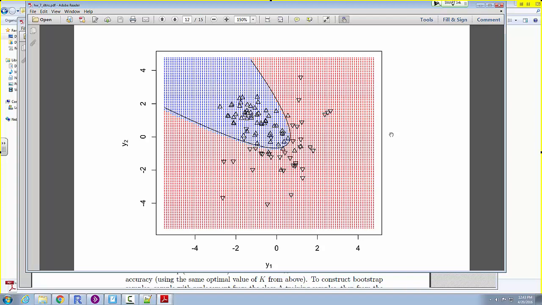Quadratic discriminant analysis allows for a curvy boundary like this one and did a pretty good job at capturing it. In fact, the simulation model that we use in this homework was basically the quadratic model, a multivariate normal with different covariances in the two classes.